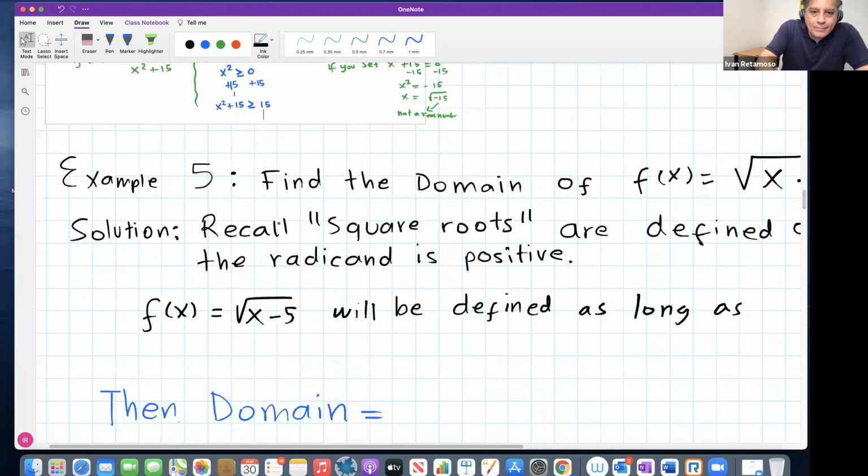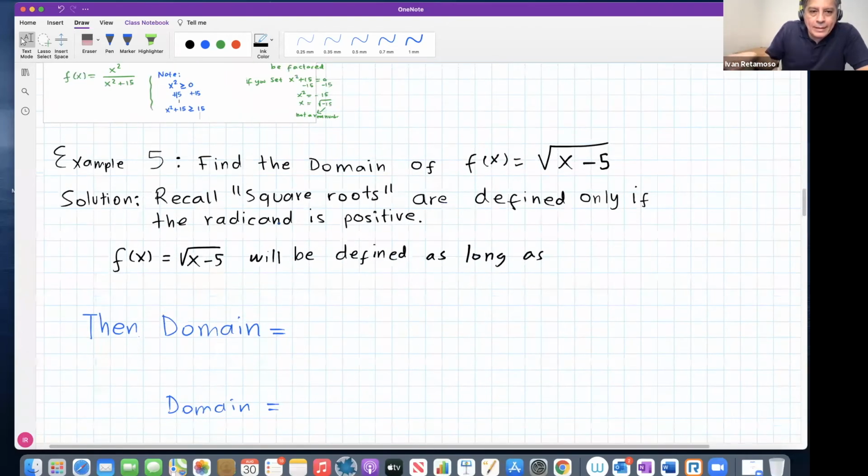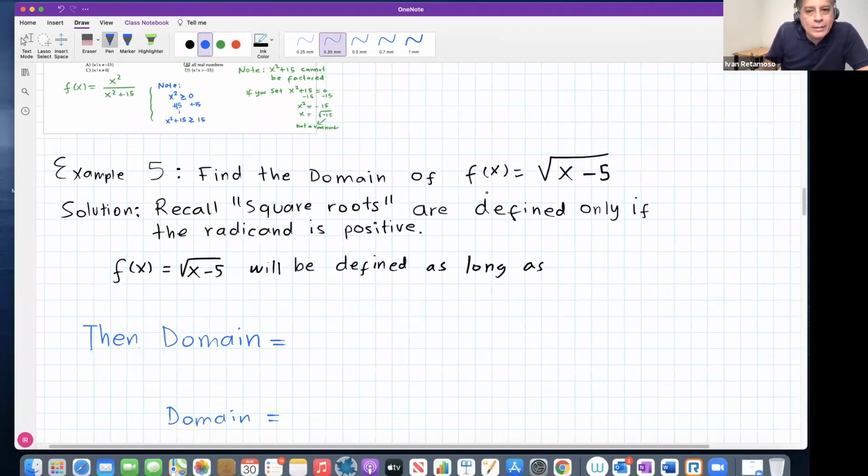Example 5. Suppose they ask you to find the domain of this function, f of x equals square root of x minus 5. How do you proceed? Well, recall that square roots are defined only if the radicand is positive.